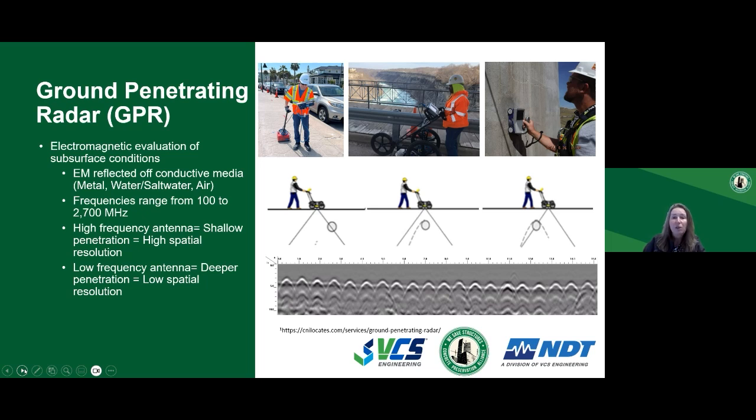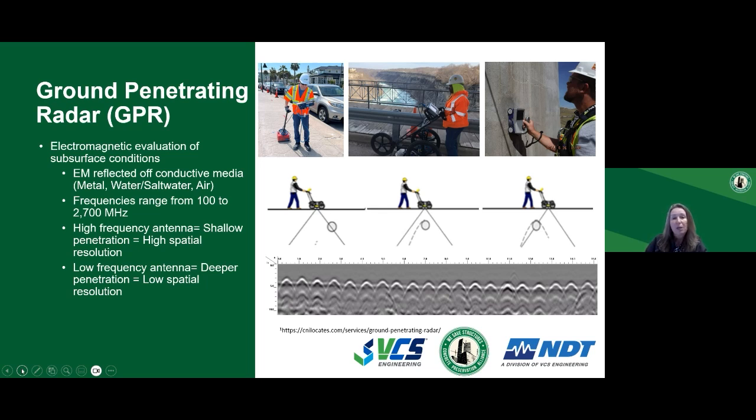The GPR signal is then reflected back from interfaces with different dielectric constants. So in reinforced concrete, that would be the interface between concrete and rebar, or concrete and large voids, for example, voids in hollow core slabs. GPR is not very good at locating small voids like consolidation voids.